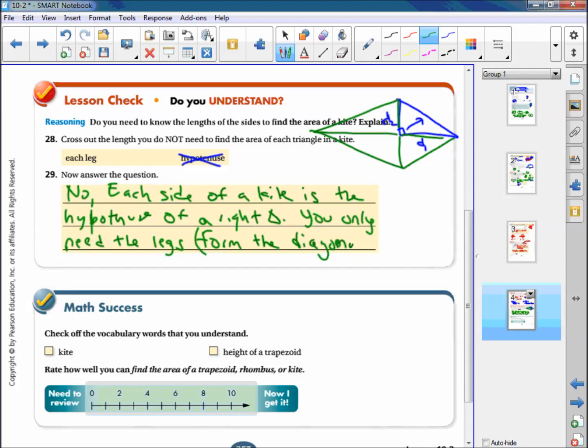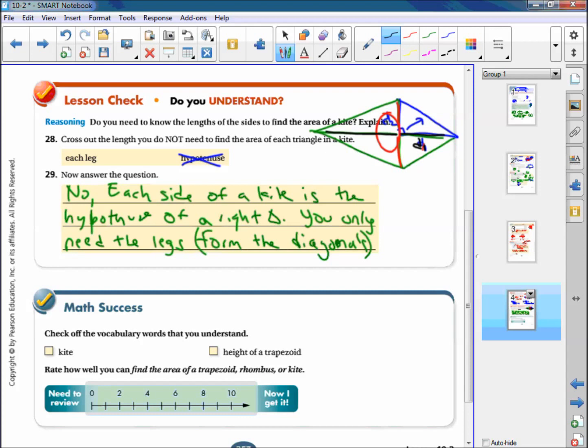Okay, so the legs will form the diagonals. So those are the parts that we need. So we need this leg and this leg so we can get diagonal 2. And we need this leg and then this leg of the other right triangle so we can get diagonal 1. Okay, so we don't need any of the hypotenuses of the right triangles formed there.